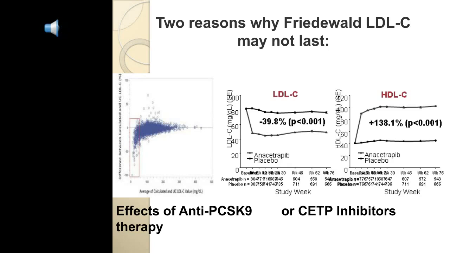In the right-hand two panels you'll also see what happens when we use a different class of drugs known as cholesterol ester transfer protein inhibitors. First of all, you can see a very substantial change in LDL cholesterol level and a really quite astounding more than 100% change in HDL cholesterol level.